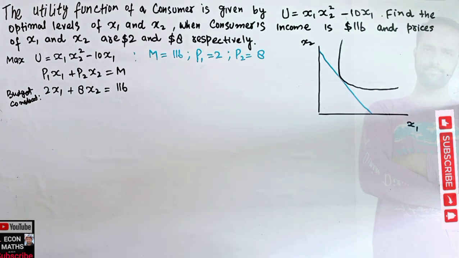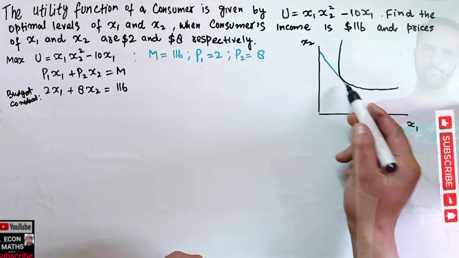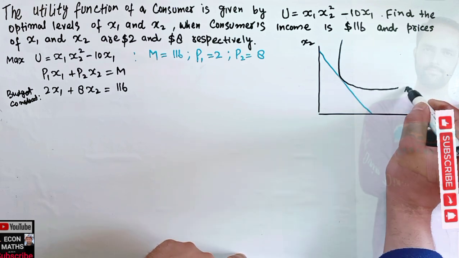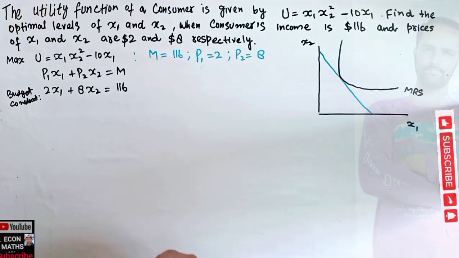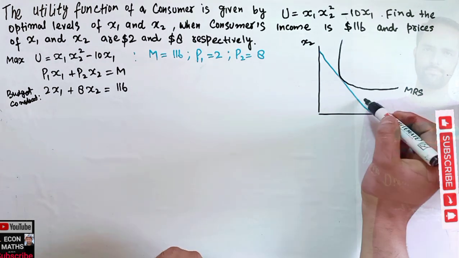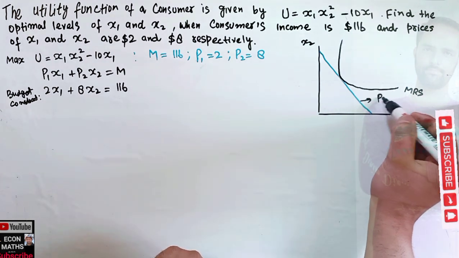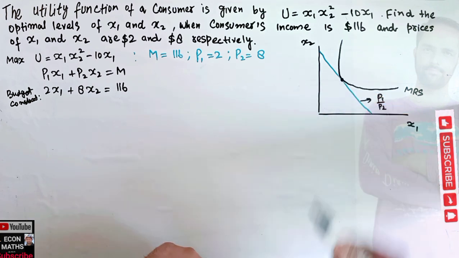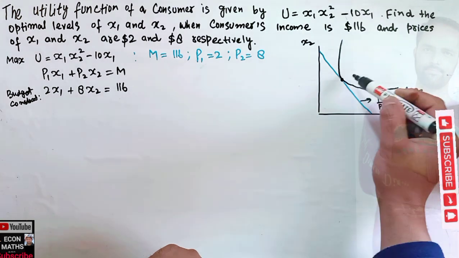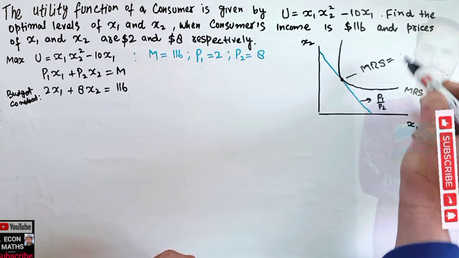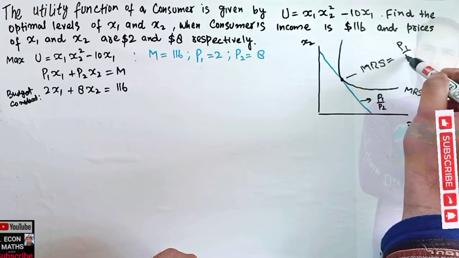The tangency condition tells us that the marginal rate of substitution between two goods should be equal to the ratio of the two prices, p1 upon p2. At the point of tangency, our marginal rate of substitution should be equal to the ratio of the prices.